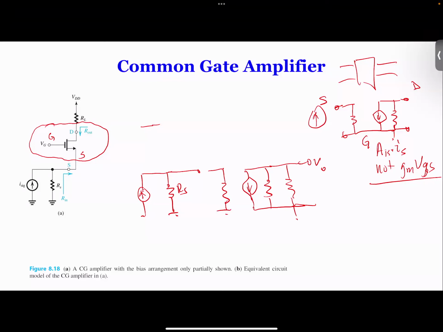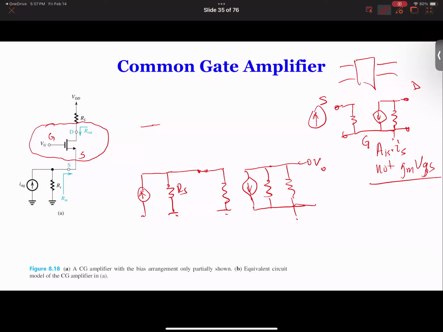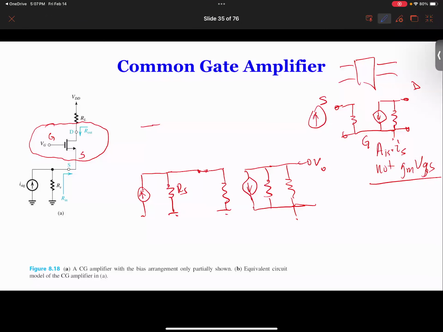Let me change the color so that we can make it better. So this is like this, and also like this.